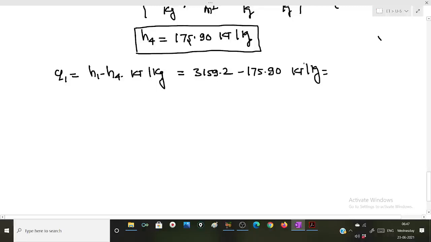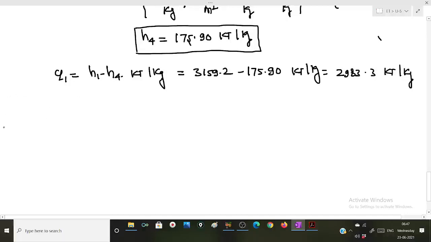So Q1 comes out 2983.3 kilojoule per kg.